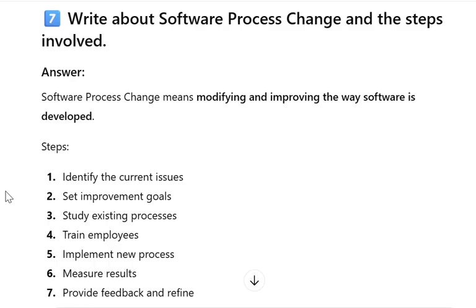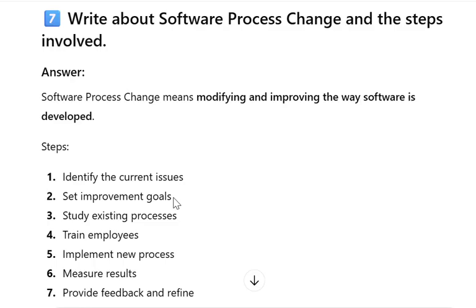Some of the steps are: identify the current issues, set improvement goals, study existing processes, and train the employees to get them working with better software processes. So these software process changes are important.